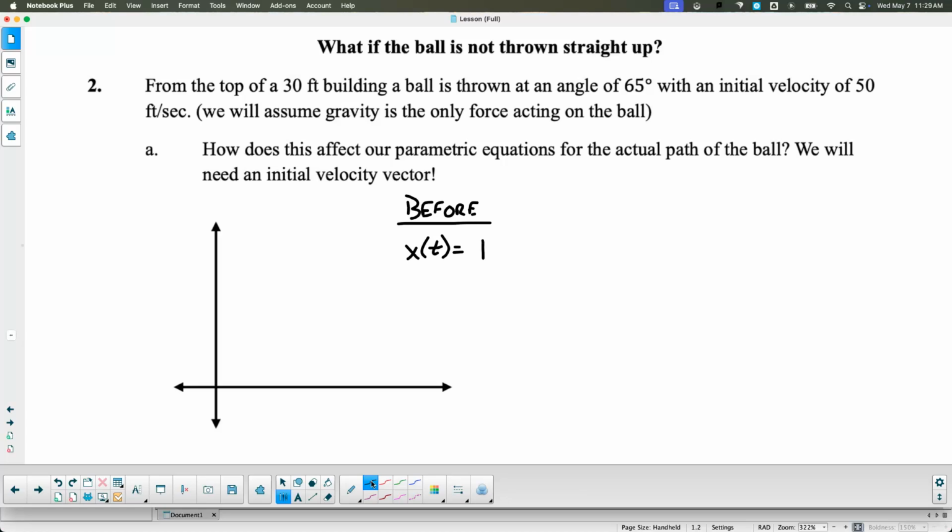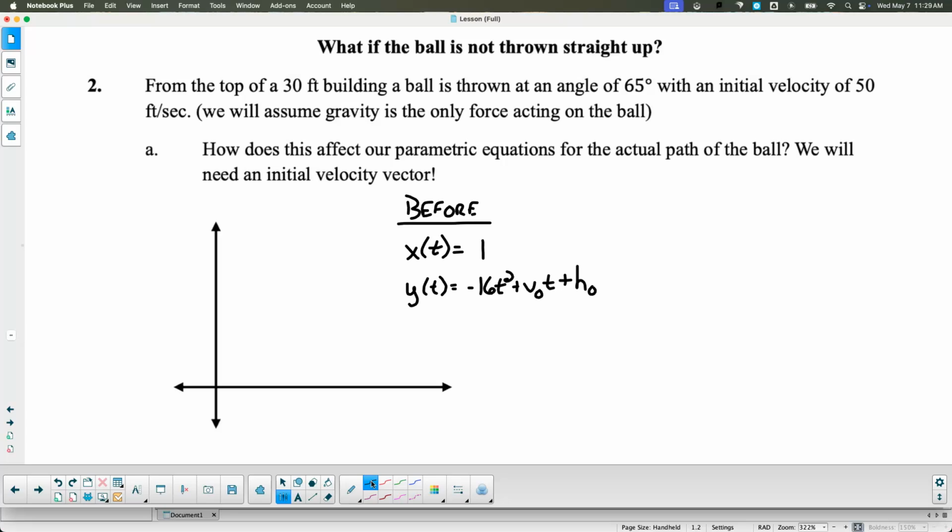In our case, it was 1. And our y of t was negative 16 t squared plus v sub 0 t plus h sub 0.